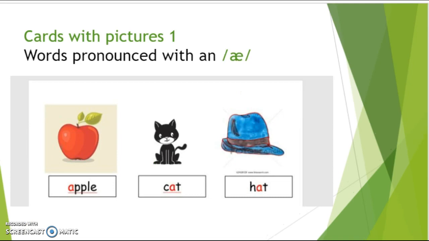This is an example of an exercise where the pupils should read the cards, and the different cards have different difficulties. Like in these pictures, the words are pronounced with an a, like in apple, cat, and hat.